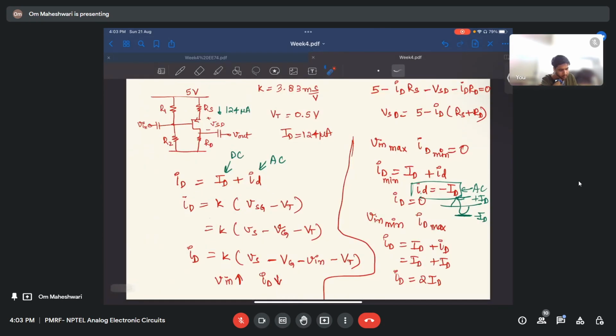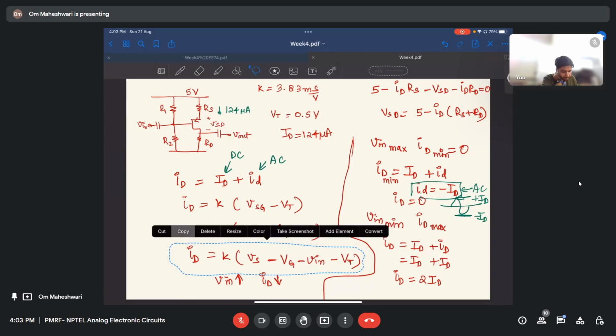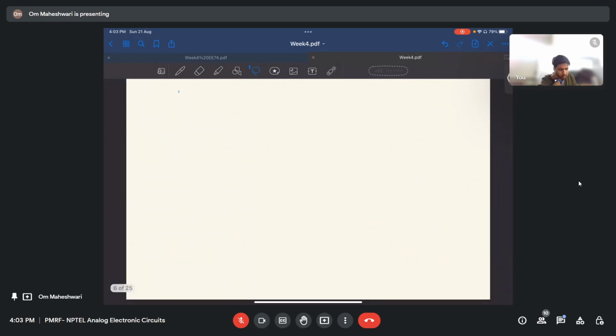So let us just take this equation, right? Is this equation clear? What I have written here? Yes, sir. Okay. So let me just take this equation, then we will see. What we are doing is we have this MOSFET, let's say. We are applying an AC voltage here, and let's say an AC current ID is flowing.